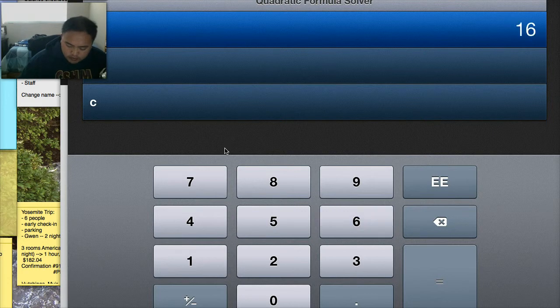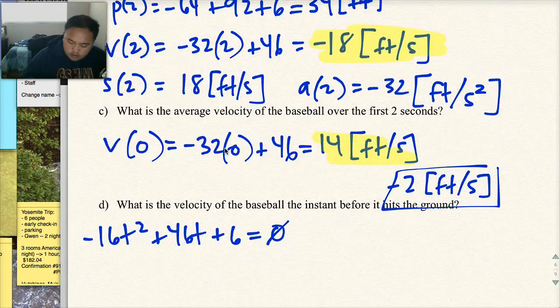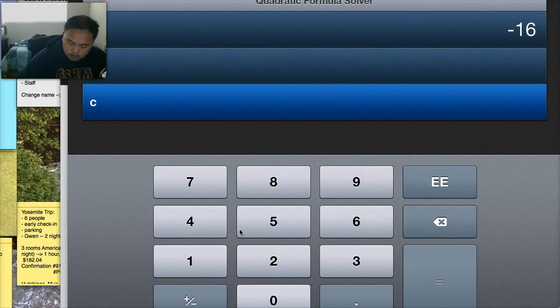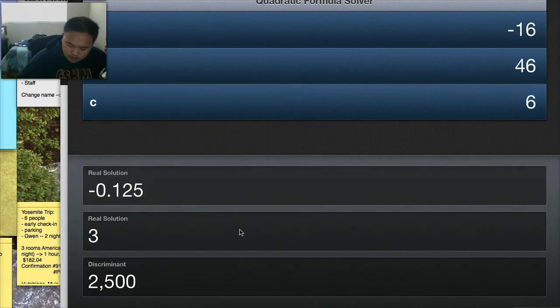So the first one, A, was -16. B is 46, and C is 6. So let me go back. 46 and 6. So it tells me my answer is -1.125 and 3. Okay, so let me show you what that means.